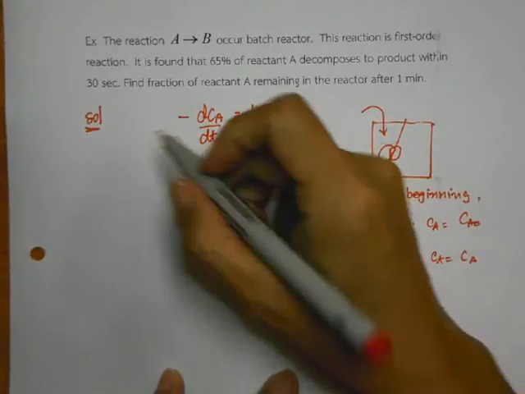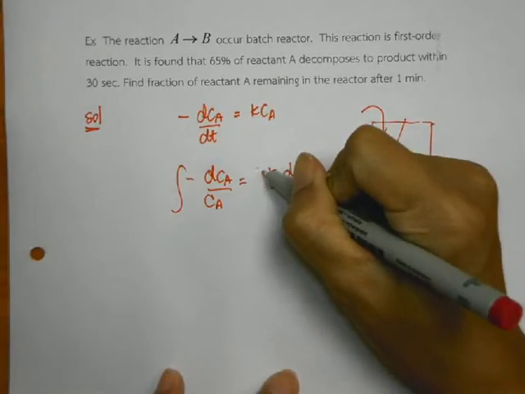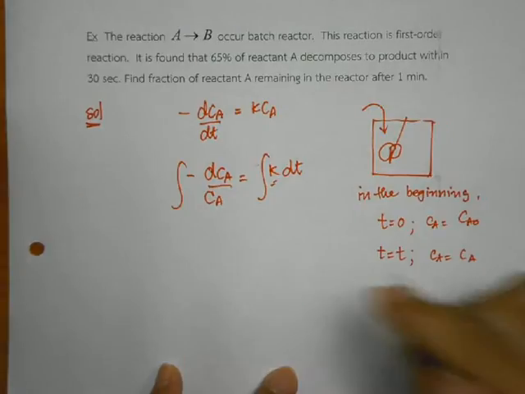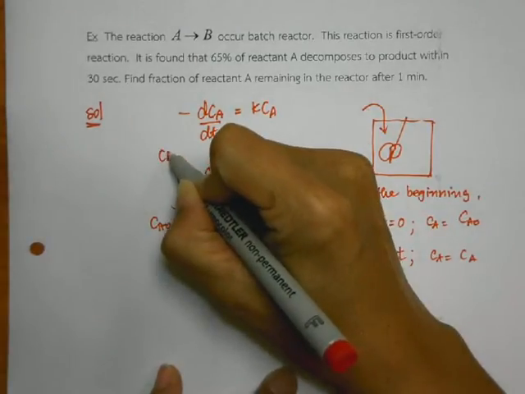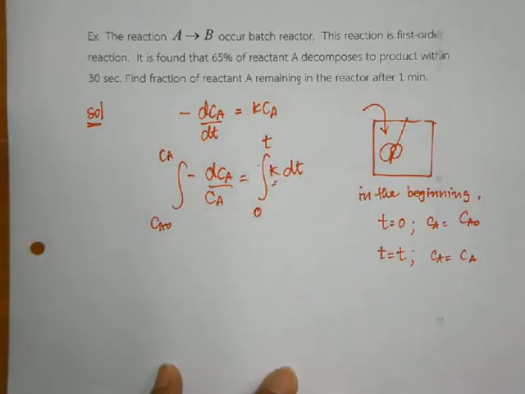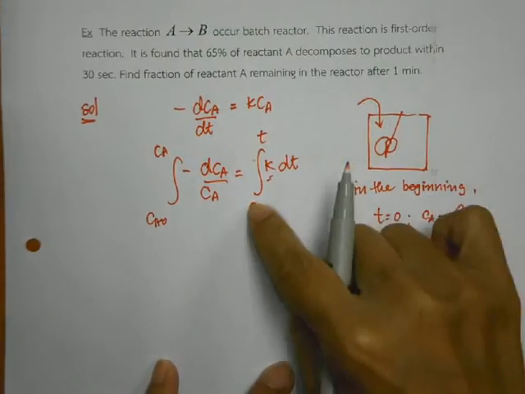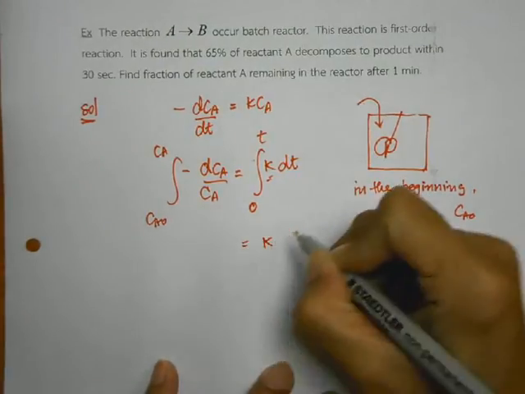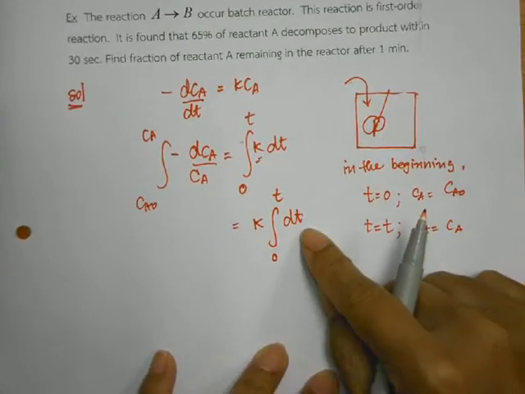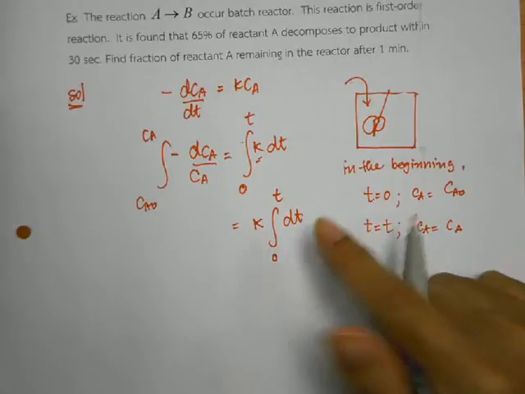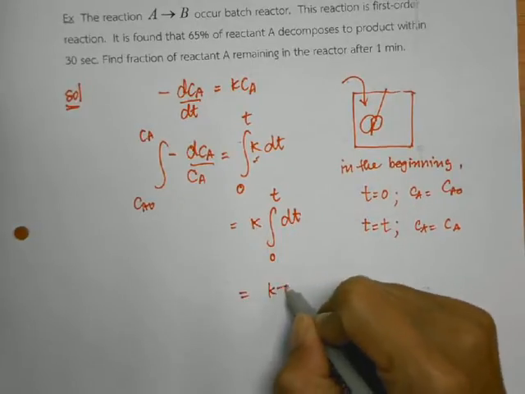So you do integral and then you put the boundary condition for both sides. You would get at the beginning CA0 and this is CA, 0 and t. k is a constant, you can take it out. Integral dt equal to t. So you would get kt there.